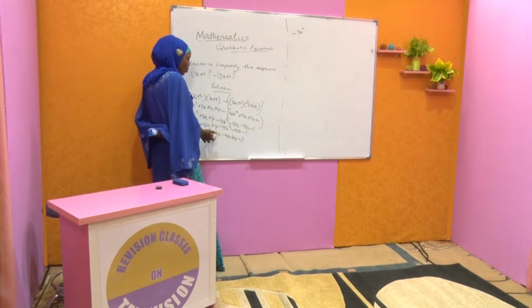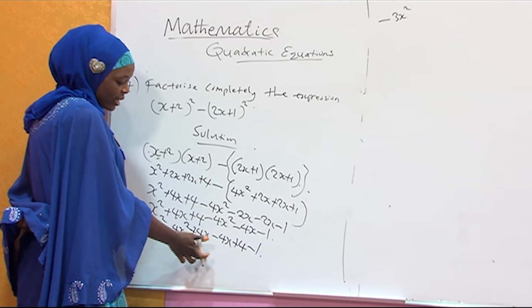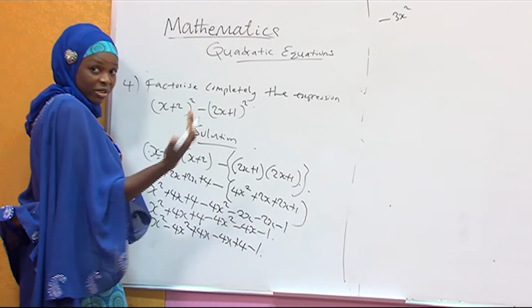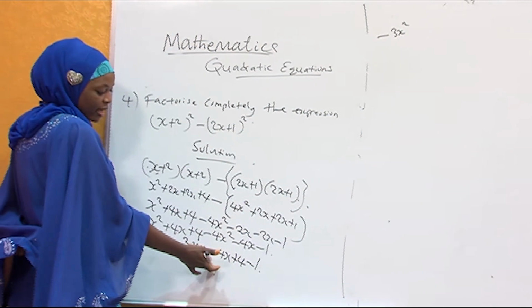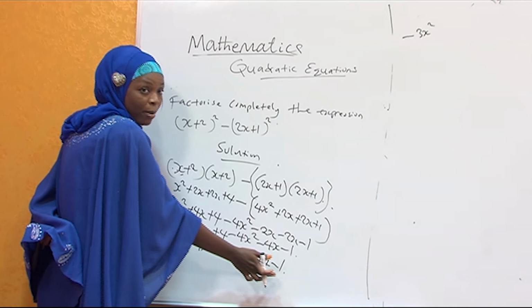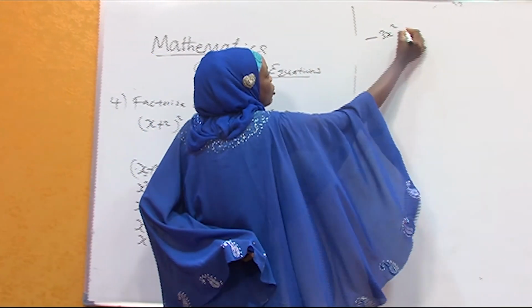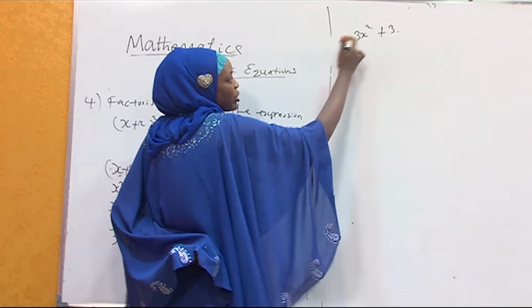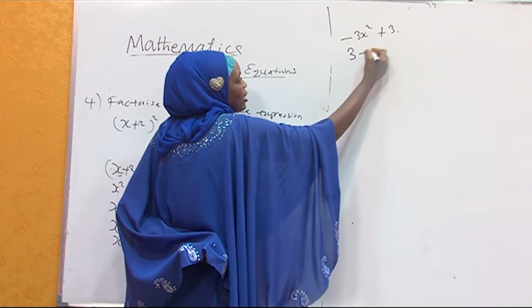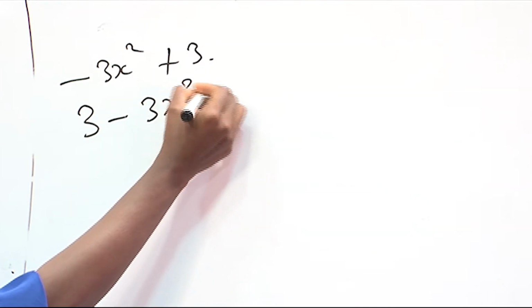Plus 4x minus 4x becomes 0, so this x is gone. We have plus 4 minus 1, which will give you plus 3. We can rewrite this, bringing the positive to the front, as 3 minus 3x squared.